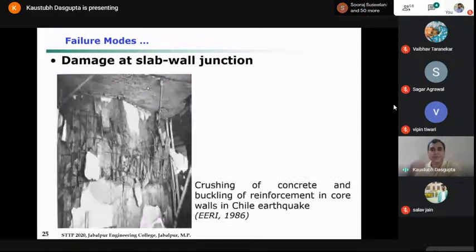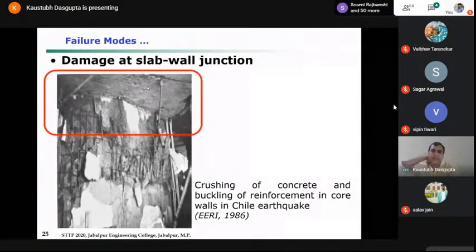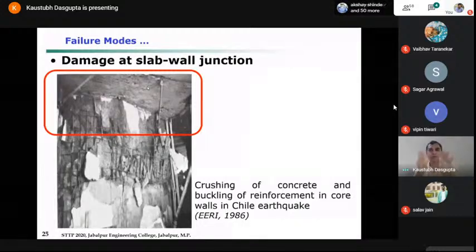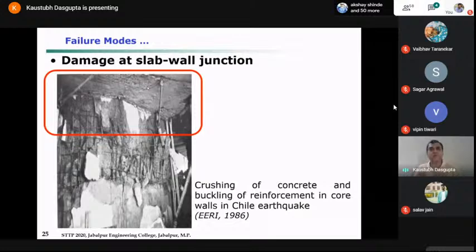Now, this is the most interesting part. Generally, when we carry out the earthquake resistant design of any reinforced concrete frame building with and without shear walls, generally we are not concerned with the damages in slab. We'll see later also how slab can also get damaged when it is attached with the wall. Because yesterday I had mentioned that when the walls try to bend or sway during the earthquake shaking, at different floor levels, the slabs try to restrain.